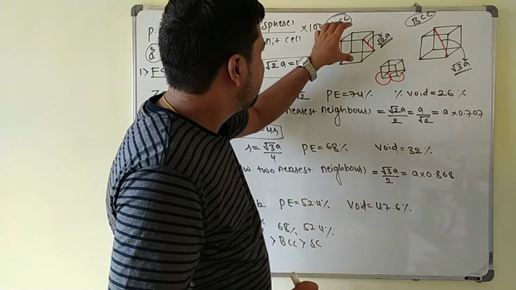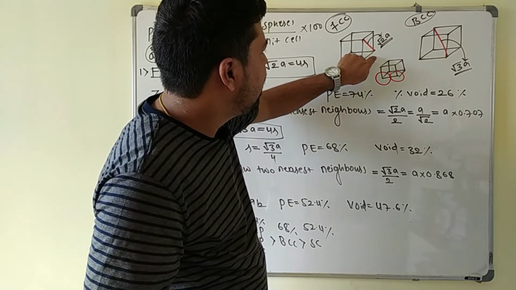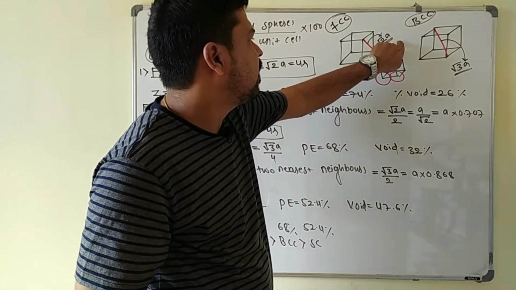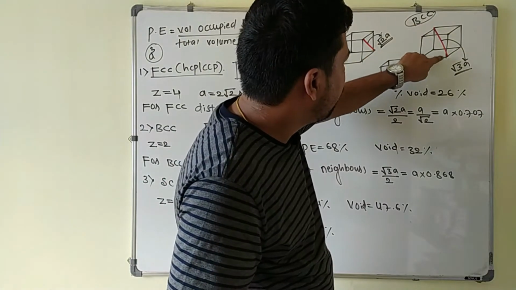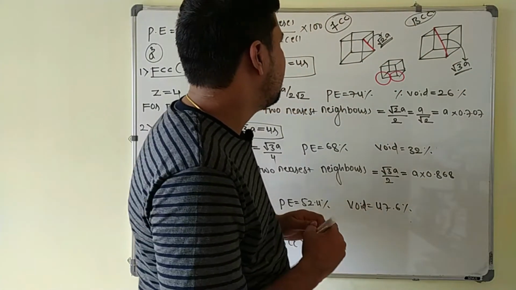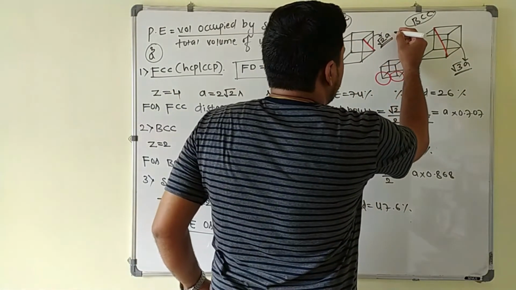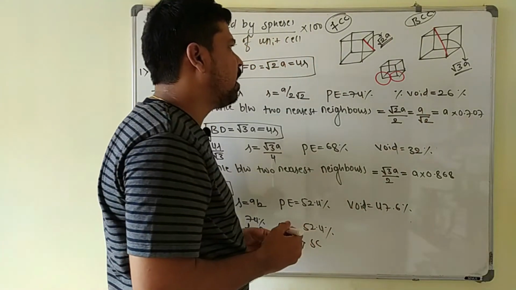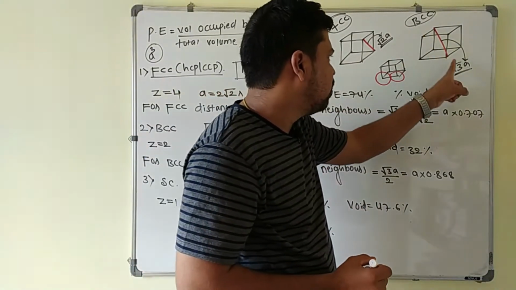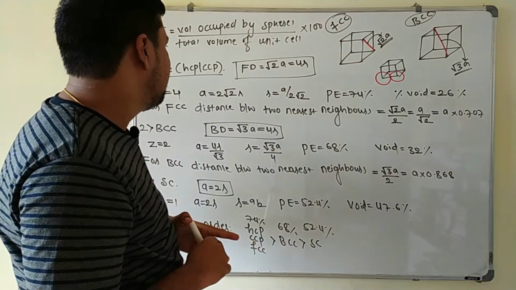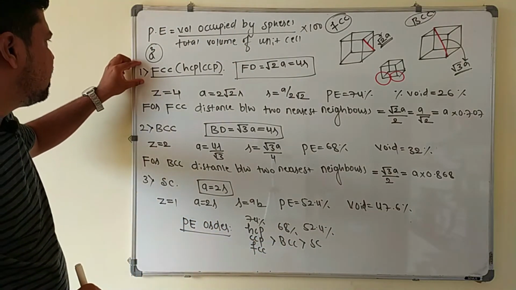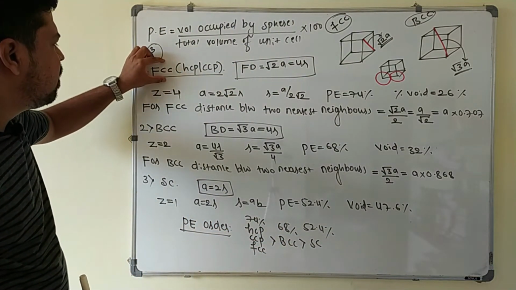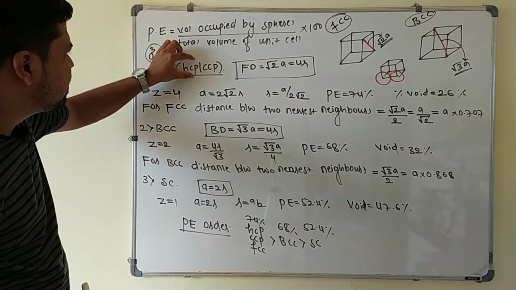In a cube, one face diagonal value is equal to root 2 a, and one body diagonal value is equal to root 3 a. Here root 2 a will be equal to 4r, 4 times the radius. In case of FCC, the close packing is similar to that of HCP and CCP.